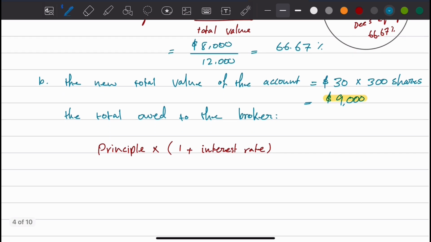It was $4,000. This is the amount that the investor had borrowed from the broker, multiplied by 1 plus the interest rate, which is 8%, so 0.08. Okay, go to the calculator, $4,000 multiplied by 1.08, and that would be $4,320.